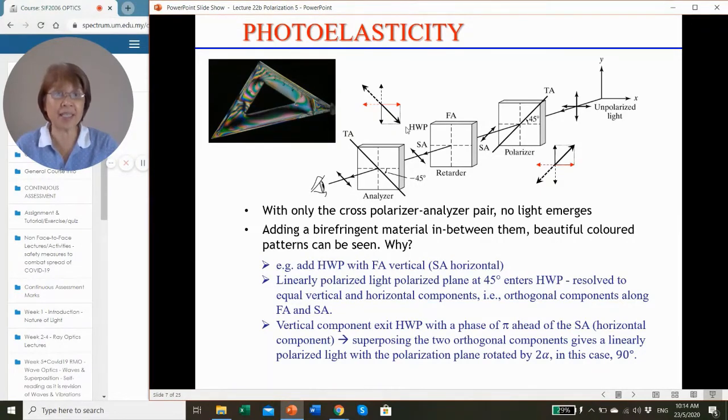But in this case, the orientation of the plane of polarization would have rotated by 90 degrees for this half-wave plate. And now this would be the plane of polarization. Because of this, light would be able to pass through the analyzer, because this plane of polarization is parallel to the transmission axis of the analyzer.